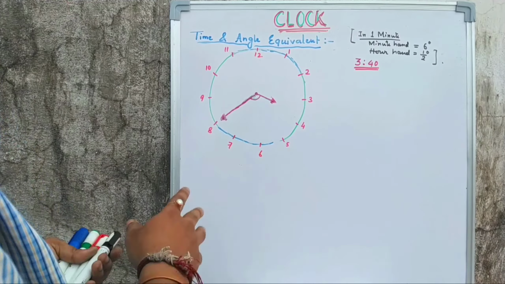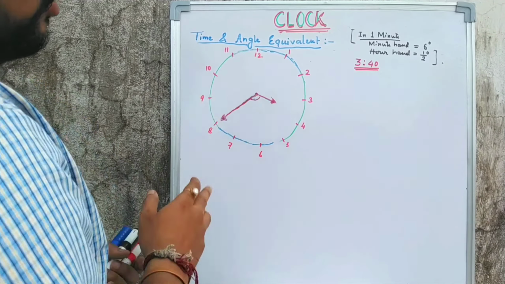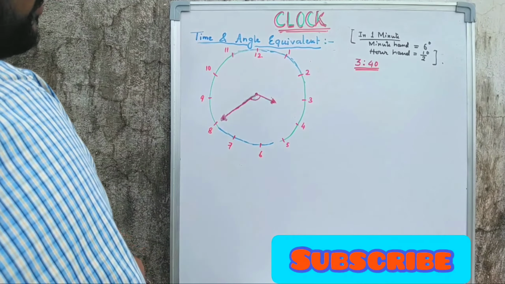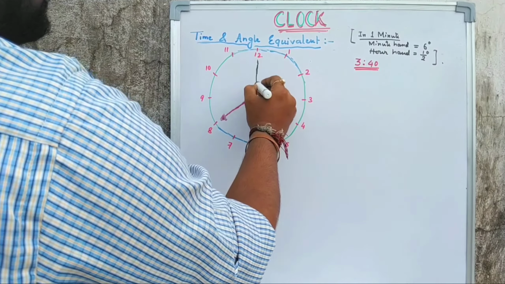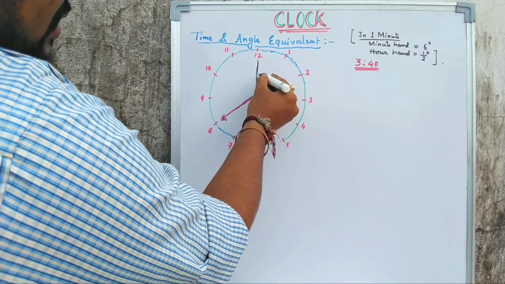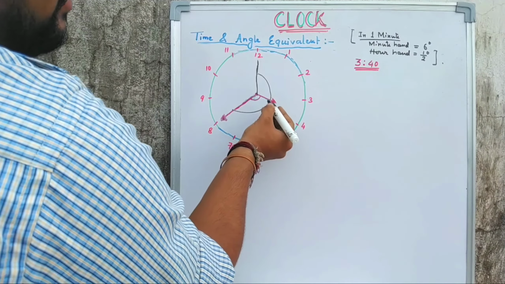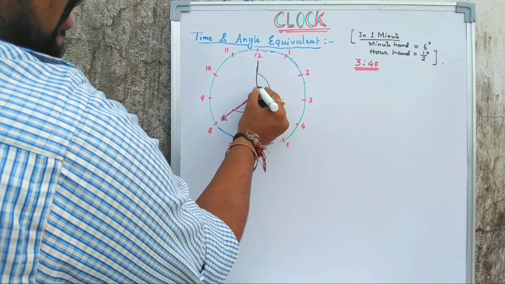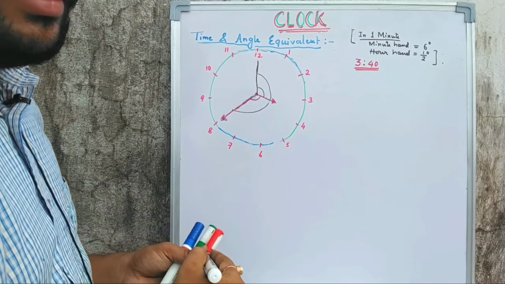Now you have to calculate all the angles with respect to 12 o'clock. As I told you, 12 is the reference time. From 12 to 8, you have to calculate how many minutes the minute hand has shifted, and from 12 to the hour hand, how much it has shifted. If you subtract, then you will get the answer.